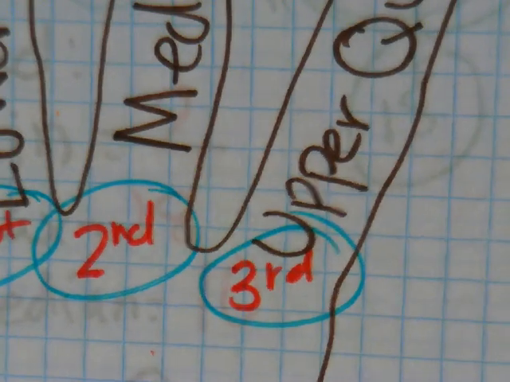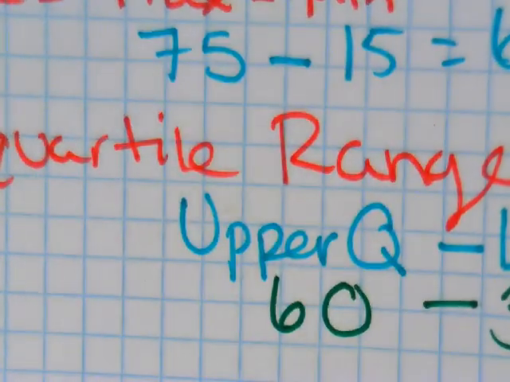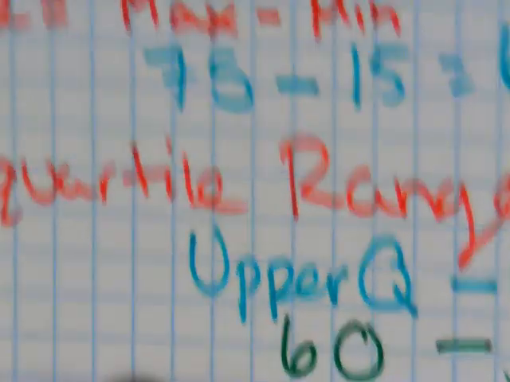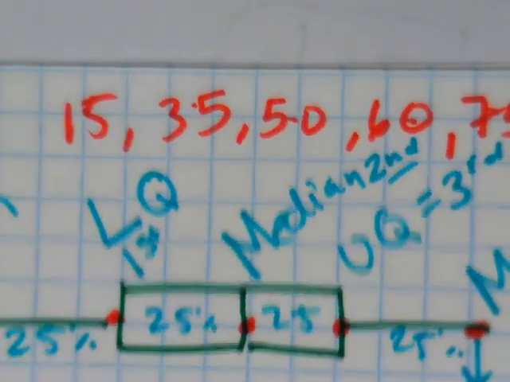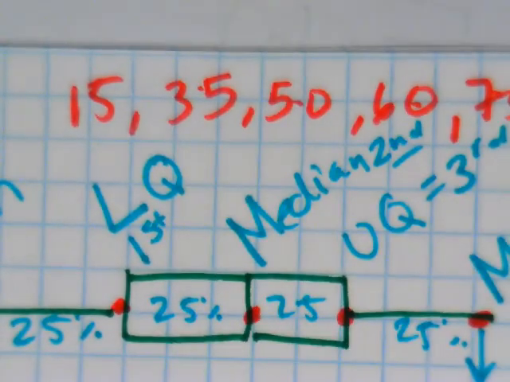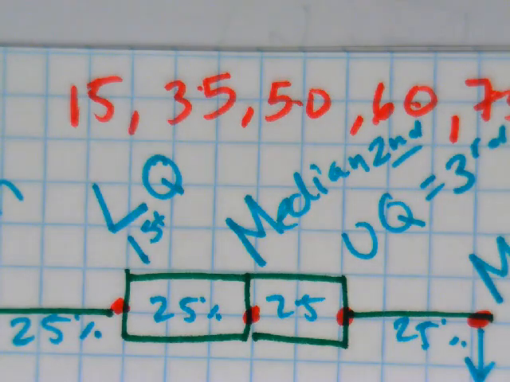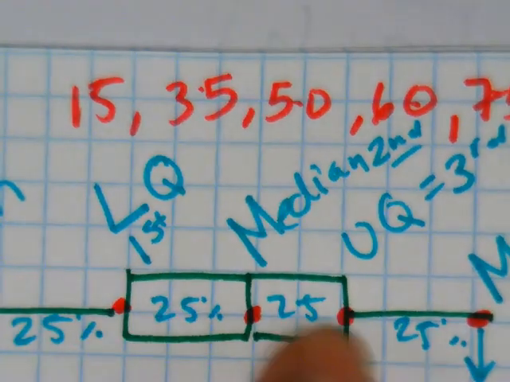Who can tell me what each section is worth? 25%. So we said each section is 25%. These questions look very intimidating and hard, but the math is actually pretty easy. Each section is 25.